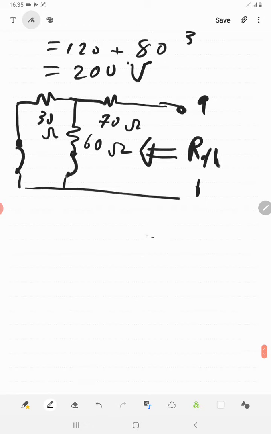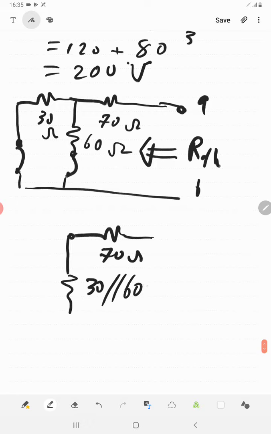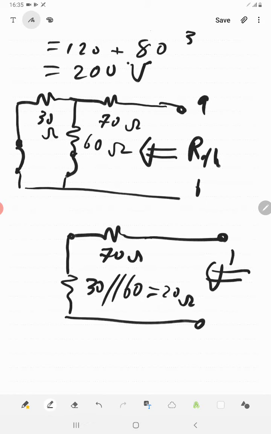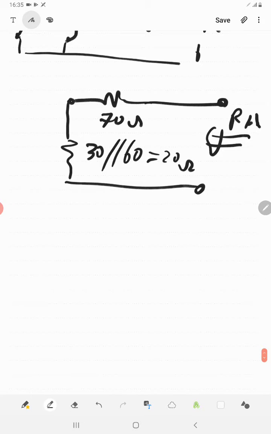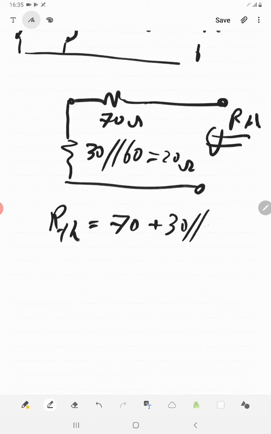So this is equal to 70 ohms in series with another resistance. The 30 parallel with the 60 will give you 20 ohms. So R Thevenin will be 70 plus 30 parallel with 60, which is 70 plus 20, giving 90 ohms.